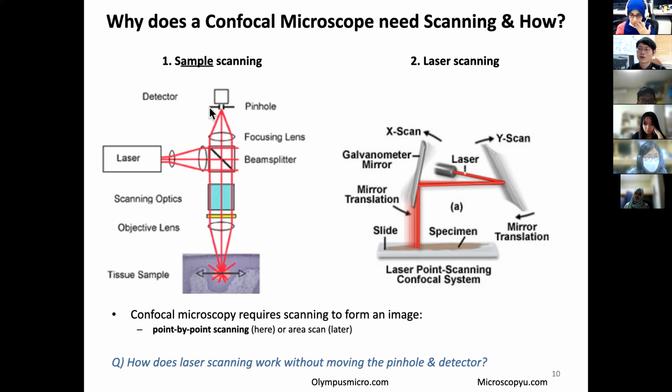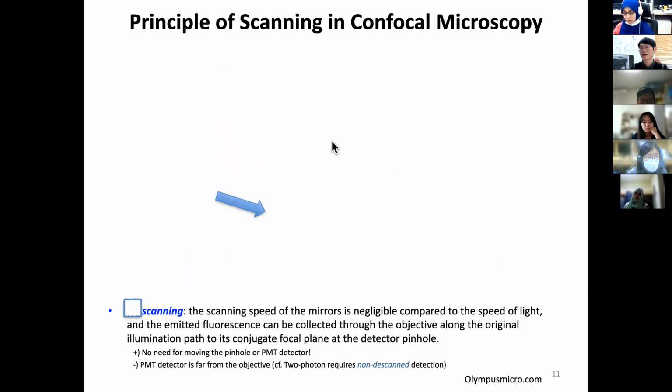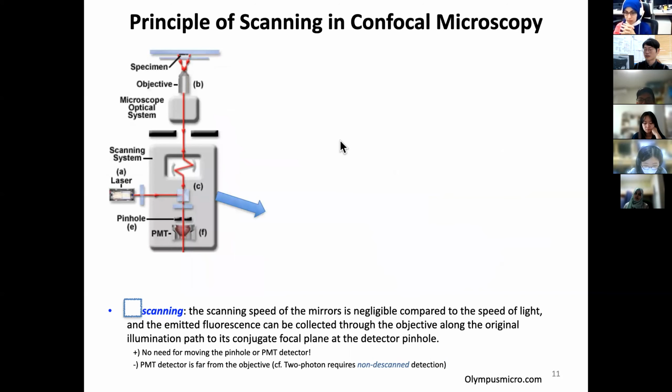Ideally, while you are scanning, you just move the pinhole correspondingly, back and forth. But look, this pinhole is tiny, micron scale, and this is totally absurd and impractical. So we've got to solve this problem of laser scanning confocal. All right, so let's bring the idea back to look at how the confocal microscope works.